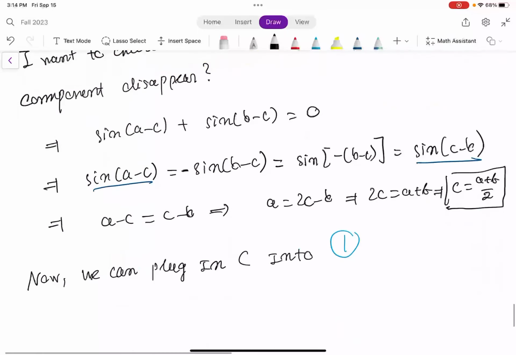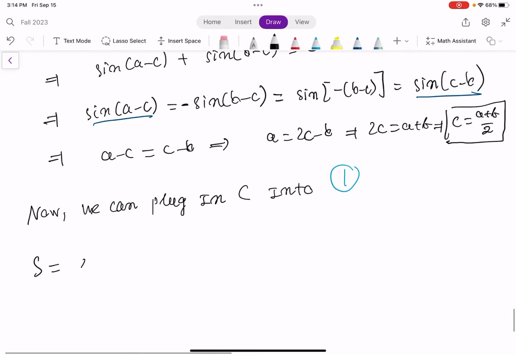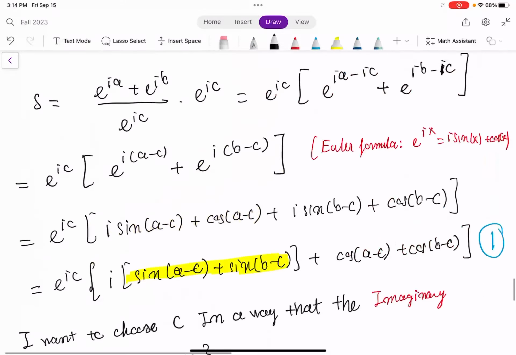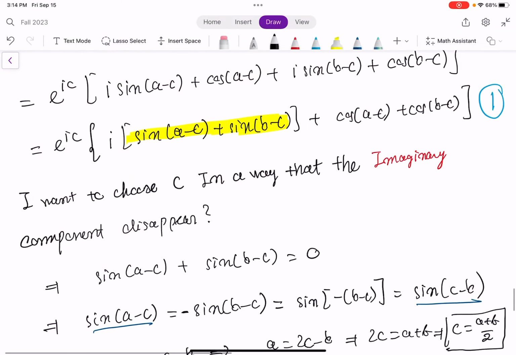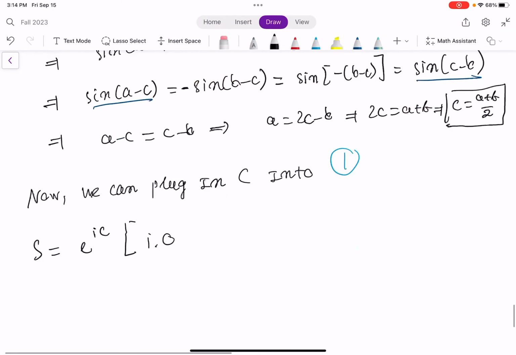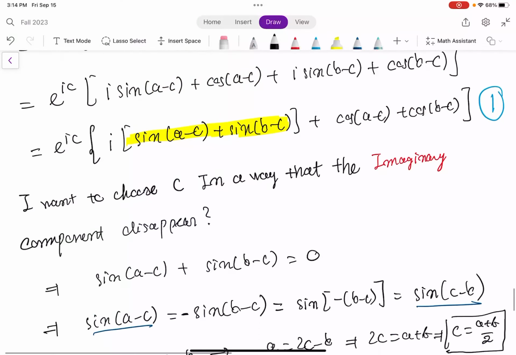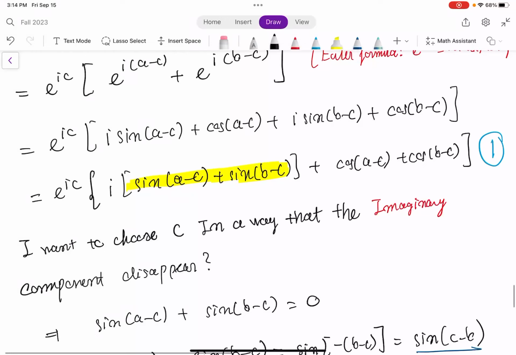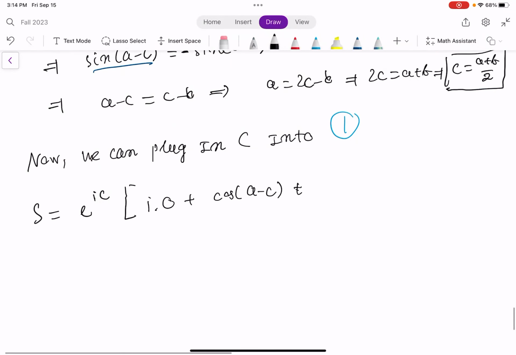We have s equal to e to the power ic times i times 0, because the two sines added together equal 0, because that's what we want. We already set that equal to 0, plus cosine(a minus c) plus cosine(b minus c).